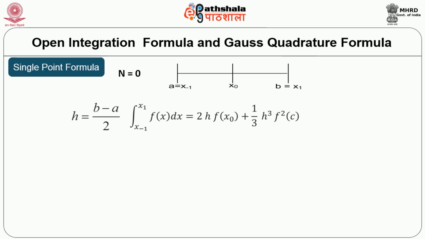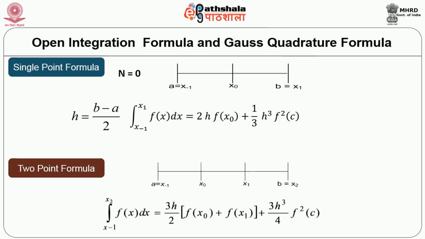For convenience, we are using the compact form. The last term which you are seeing is the error term, and the integral formula is simply 2h f(x0), which is also called the midpoint rule. x0 is the midpoint of the interval, and the length of the interval is 2h. So, we are simply approximating the integral from x minus 1 to x1 of f(x) dx by 2h into f(x0).